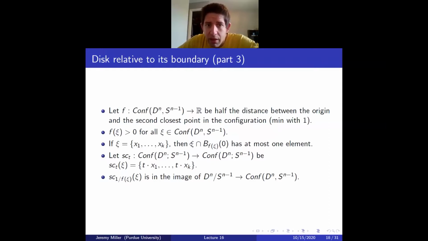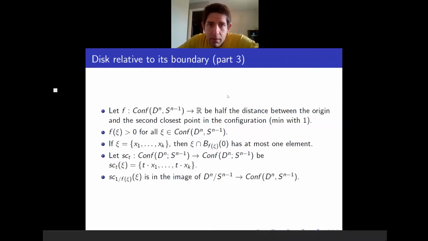For example, you might have 2 points that are the same distance from the origin, and then the ball is going to contain neither of your 2 points. But it's also possible that one of the points is way closer to the origin than the other one, and then it will contain that point.